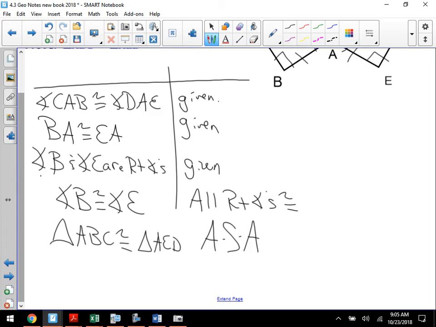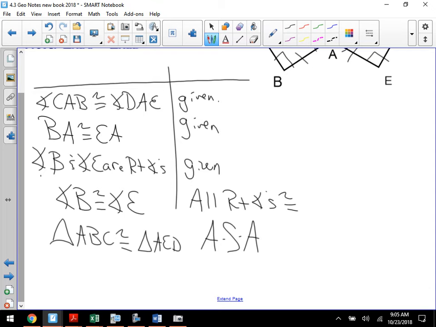Remember, if it's not on this square of how to show triangles are congruent, you cannot use it. If it's not one of these, it's wrong. It has to be one of those.